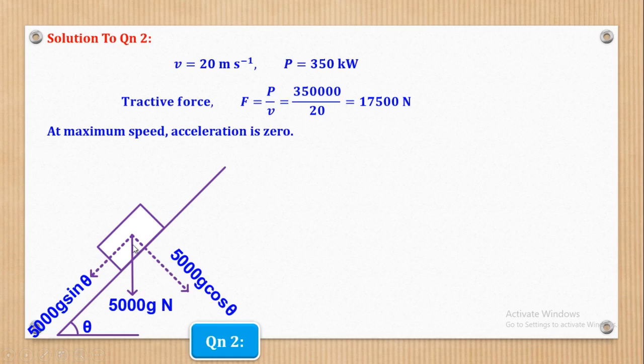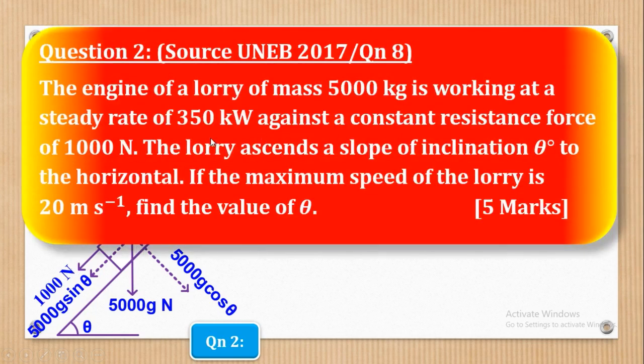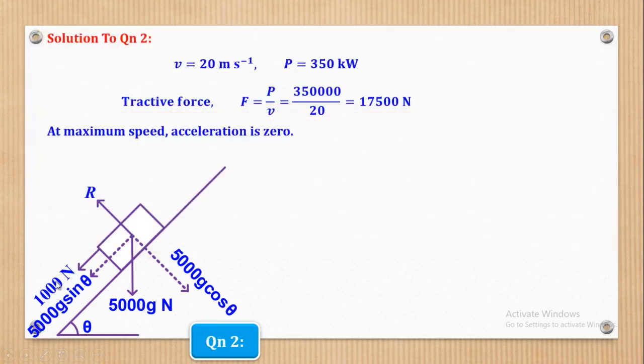Now that we know the weight, we shall show the normal reaction R in that direction. Then we are also told that the resistance is 1,000 newtons, so you'll show it there.